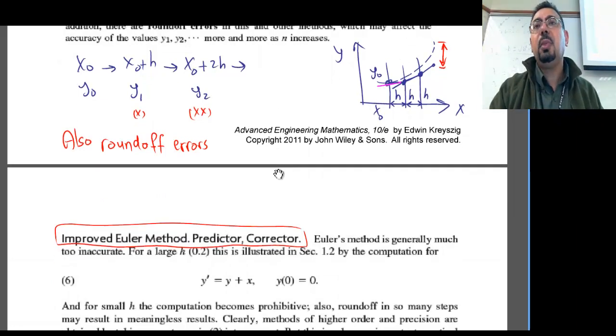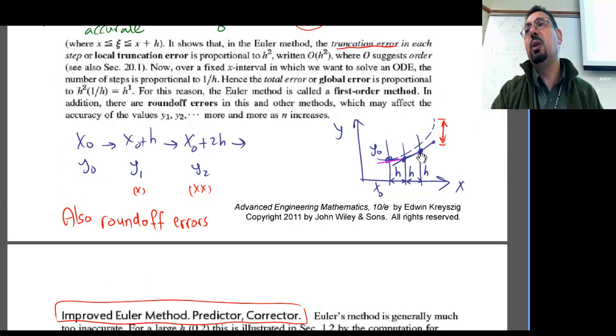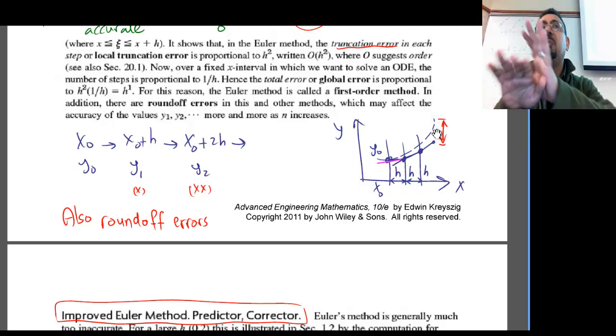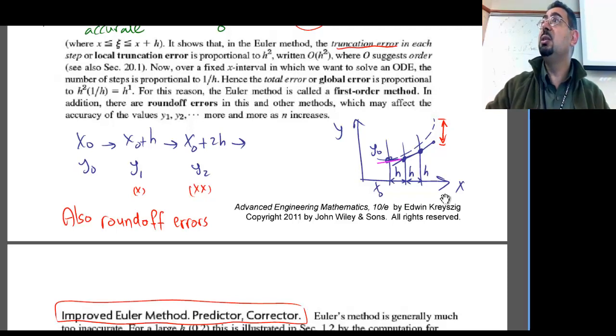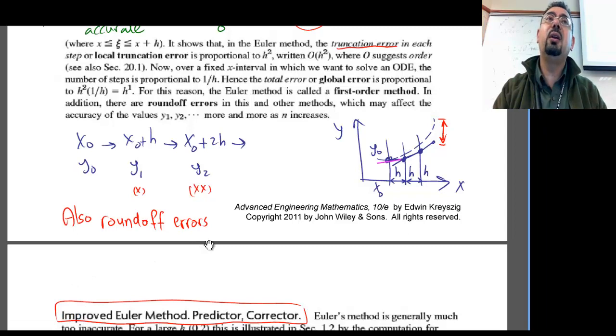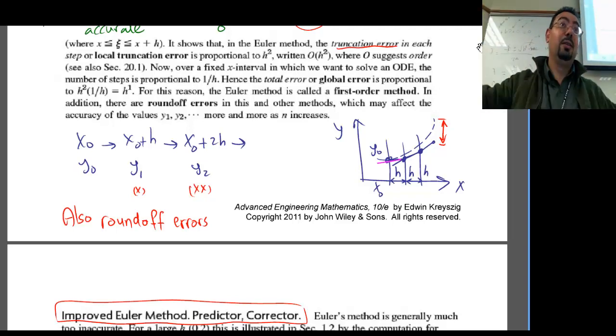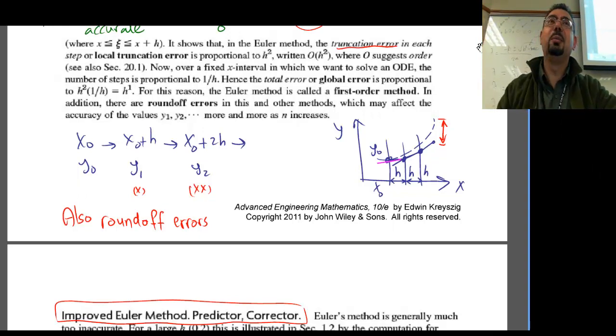Another point, this is a graph that I was trying to show you: the first point, then the second point and third point, you keep getting farther and farther away from the actual curve. We have the truncation error, which we explained. Another error is called round off error. Let's imagine someone says, I want to impress Dr. Salam in that homework. Excel has 1 million cells, so I'm going to make my h 0.0000000001.